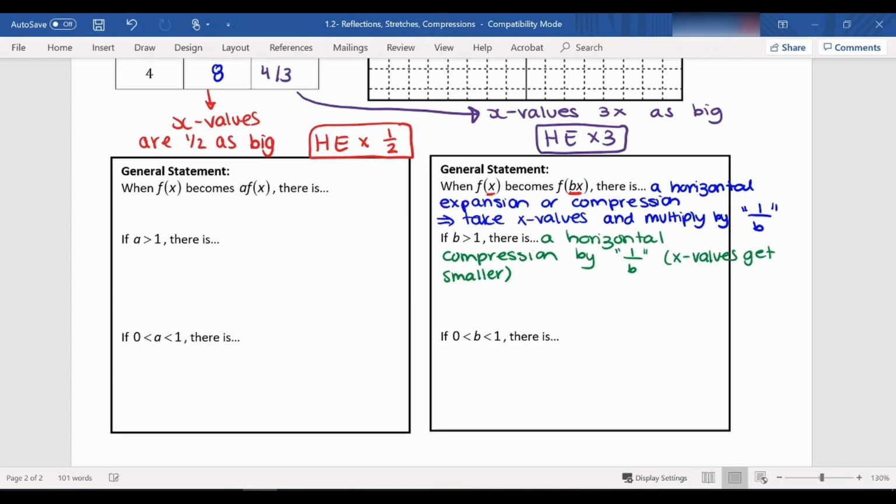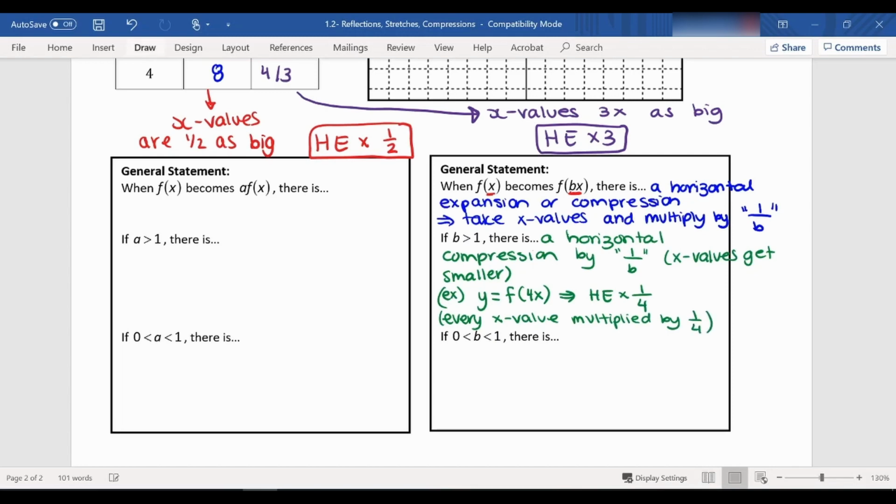Okay. So for example, if we had y equals f of 4x, this is going to be a horizontal expansion or compression by 1 over 4. What this means is we're going to take every x value, multiplied by 1 over 4.